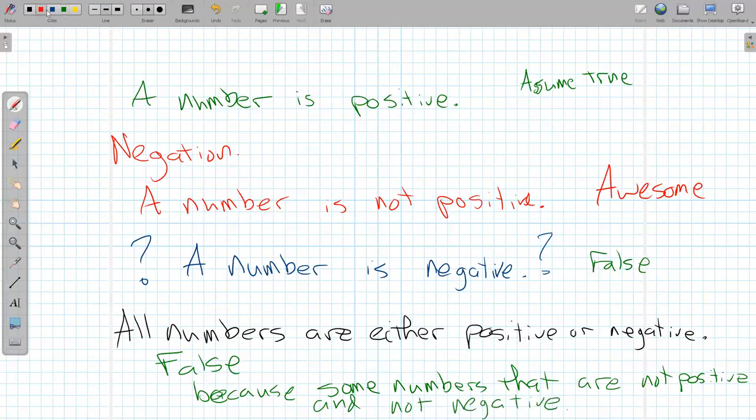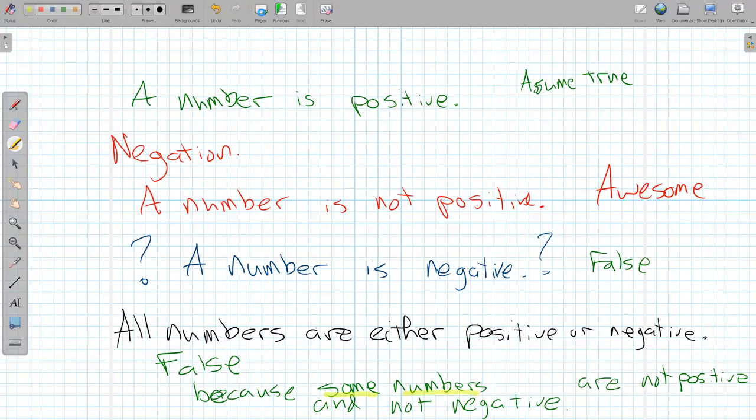And some people sometimes take exception with my statement right here. Some numbers are not positive and not negative. All right, besides that, the extra word shouldn't have been there. Some people would still take exception to my statement here because I wrote some numbers, and Jimmy only offered up one number, 0.